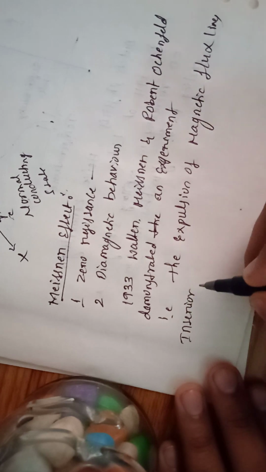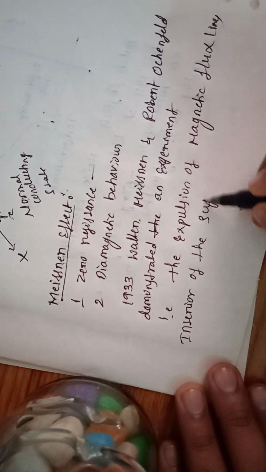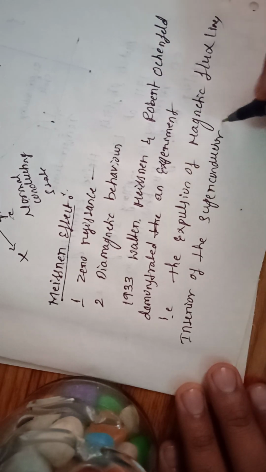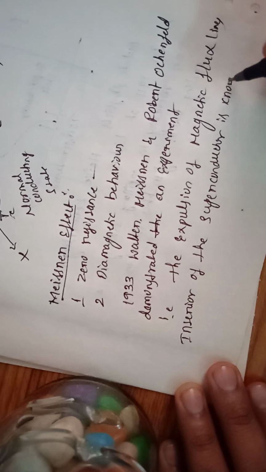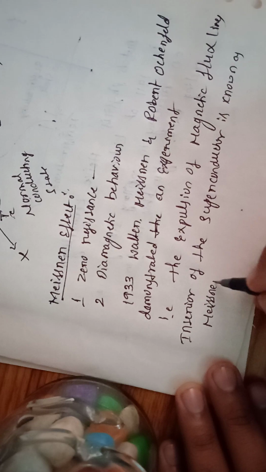Expulsion of magnetic flux lines from the interior of the superconductors is known as the Meissner effect.